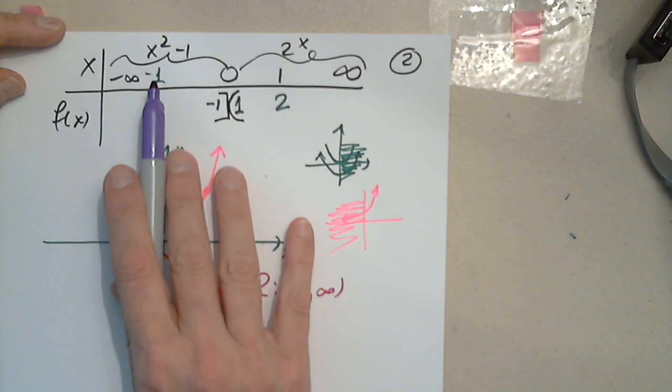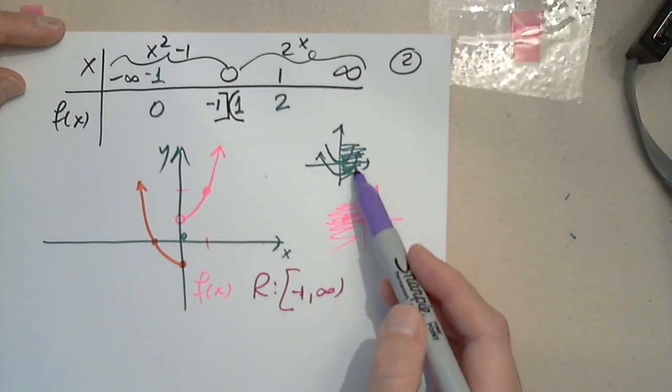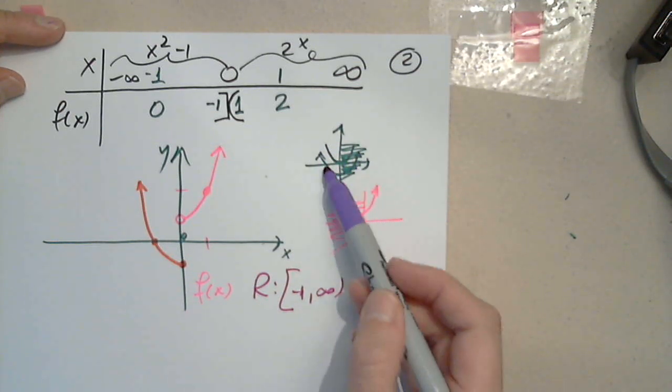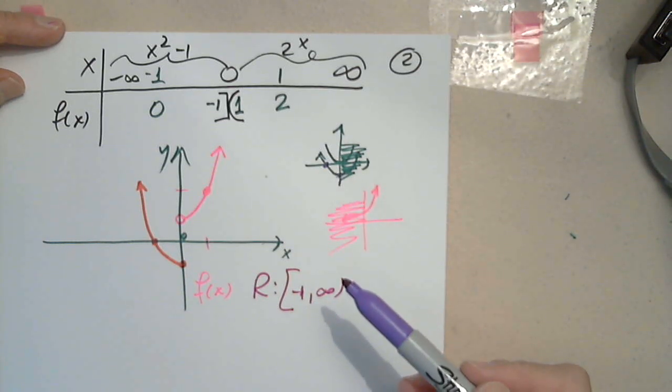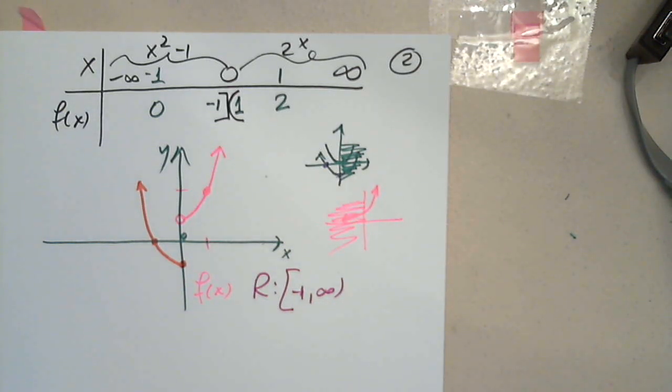Using transformations, this is x squared, this is x squared minus 1. So I know I have to find the x-intercept and the y-intercept. Does it make sense? Yes, thank you. I always look for the x and y intercepts. But 2 to the x doesn't have an x-intercept, especially on 0 to infinity.